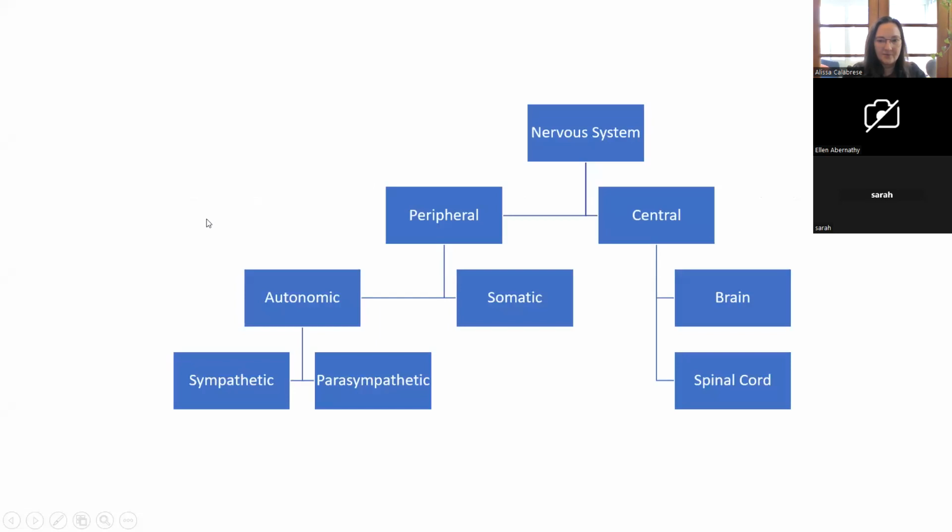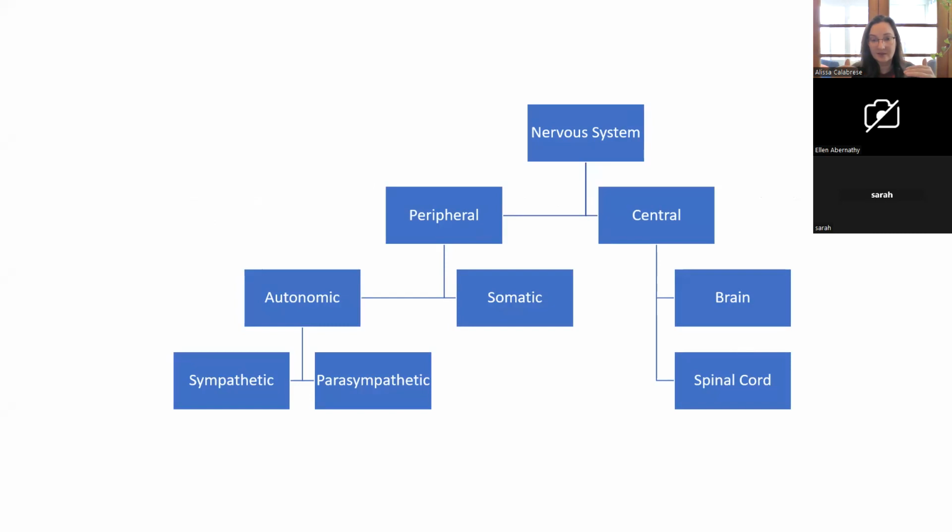All right, so we'll start off with just a little overview of the organization of the nervous system, because it can be difficult to keep all of this in place in your heads. Your overall nervous system we can divide into two major branches: the peripheral nervous system and the central.